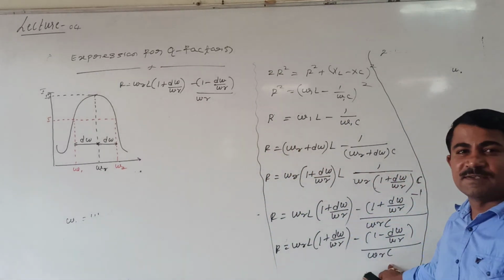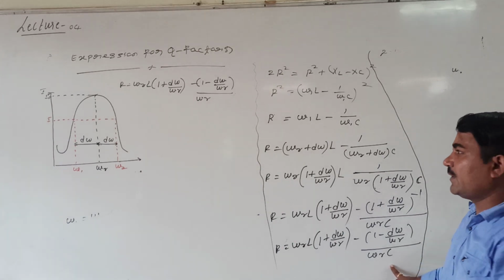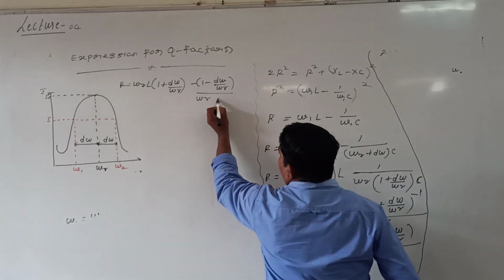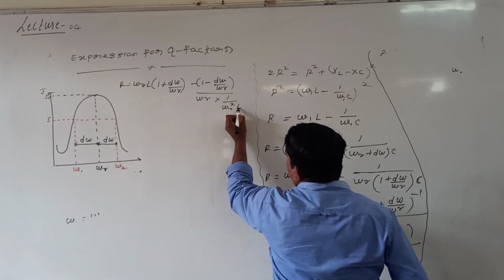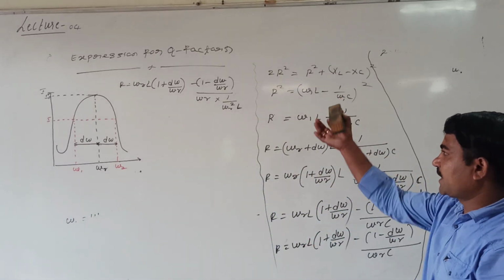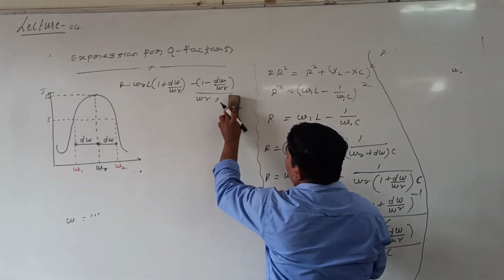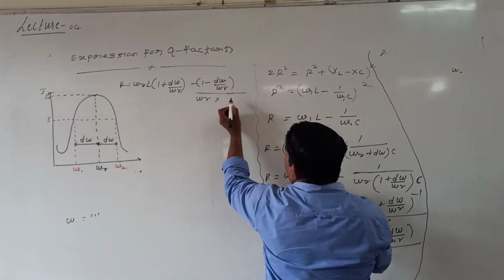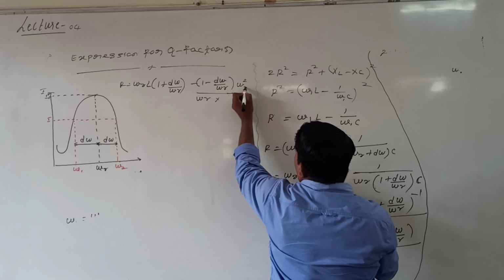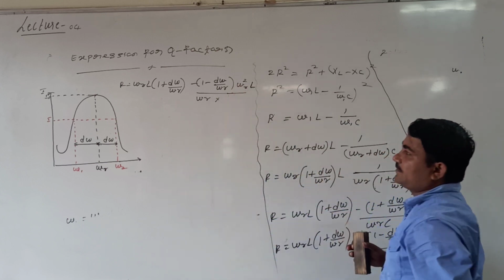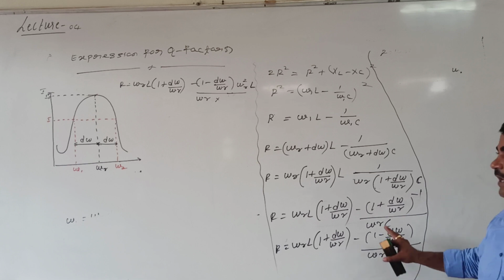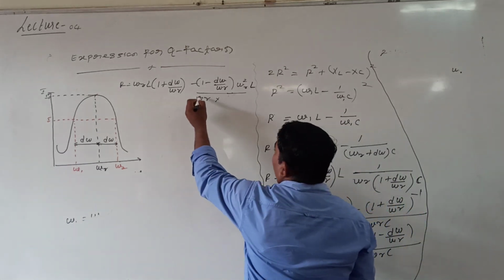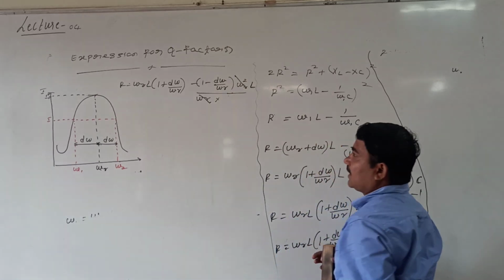What is C? C is equal to 1 by omega square into L. C can be replaced by 1 divided by omega square into L. Right? This goes upside. I will put one more step here. C is equal to 1 by omega square into L. Then here omega r and omega r get cancelled.